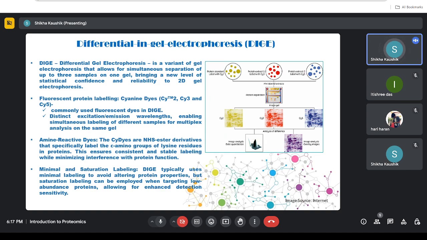I'll be using the term DIGE many times during this session, so I hope you are all aware of the full form. It is a variant of 2D gel electrophoresis, and it allows the simultaneous separation of 3 samples on one gel, bringing a new level of statistical confidence and reliability to 2D gel electrophoresis.